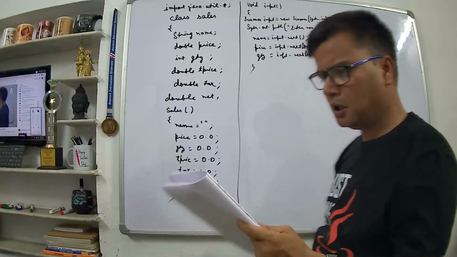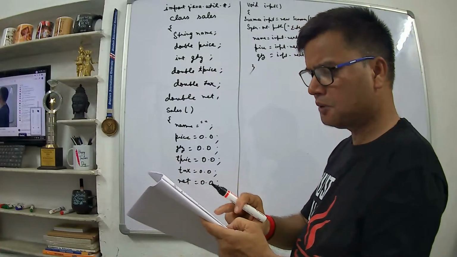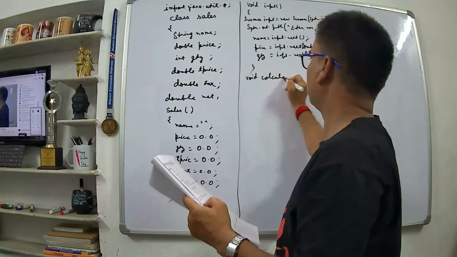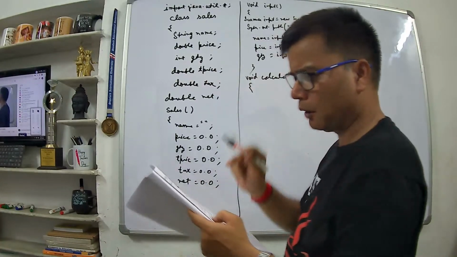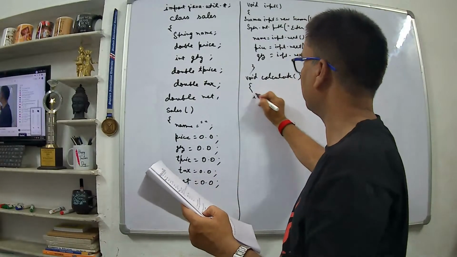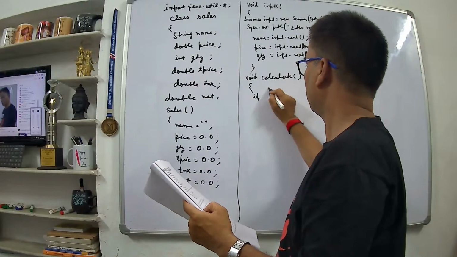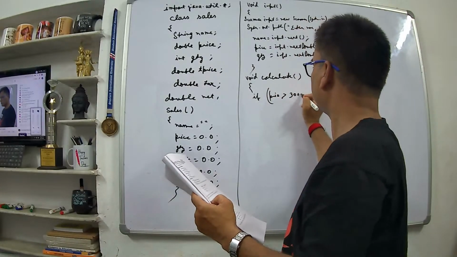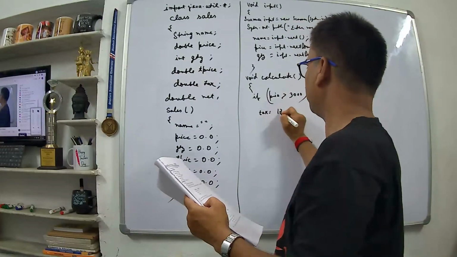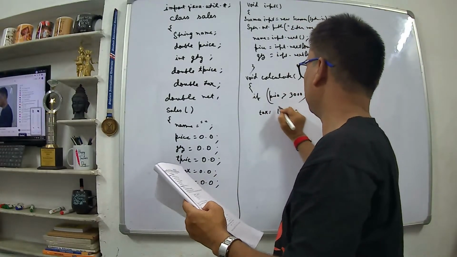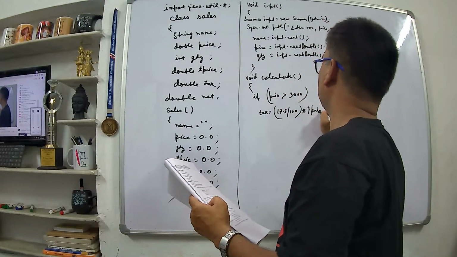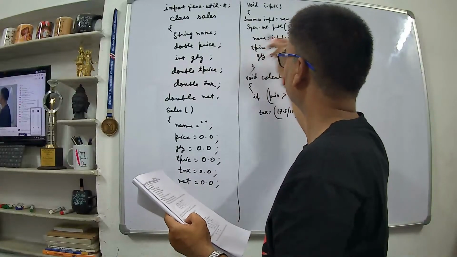This method is done. Then it is void calculate. Now, the condition is: if price is more than 3,000, tax is 17.5%. If price is greater than 3,000, tax is equal to 17.5 upon 100 multiplied by tprice, the total price.